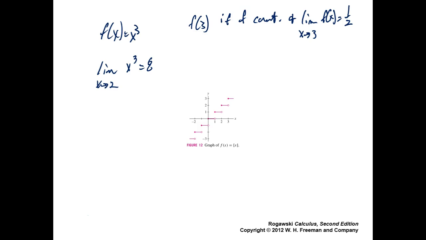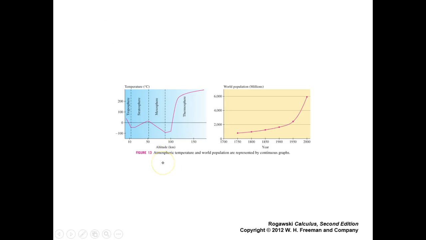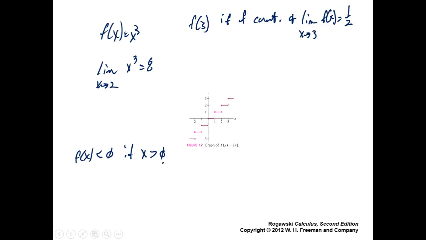Okay, number 3. Suppose that f of x is less than 0 if x is greater than 0, and f of x is greater than 1 if x is negative.